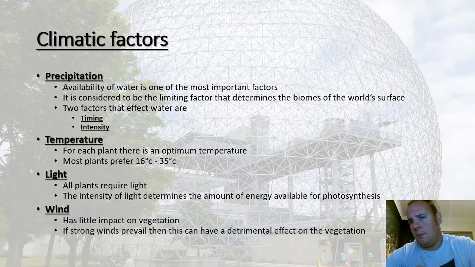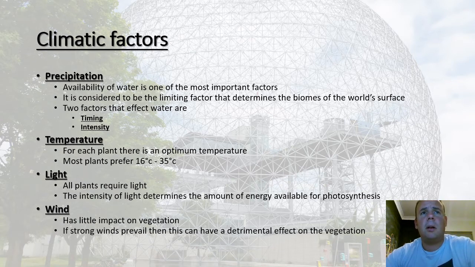If plants don't get water frequently, there's not going to be as many of them. And then the intensity: if the rain is short and sharp, like we have in the desert, it's going to have some big effects on the type of plants that we get there. So when we're talking about rainfall, plants need lots of it over a long period of time.